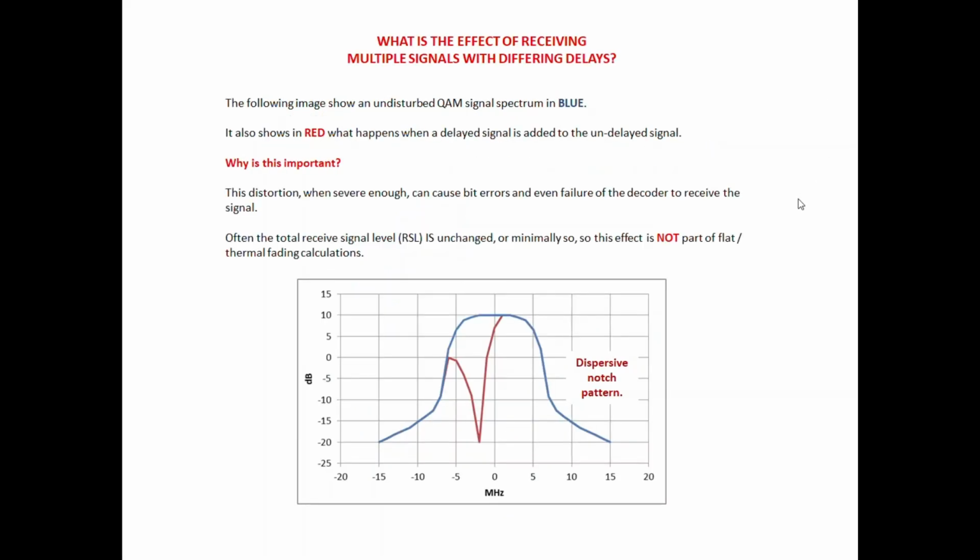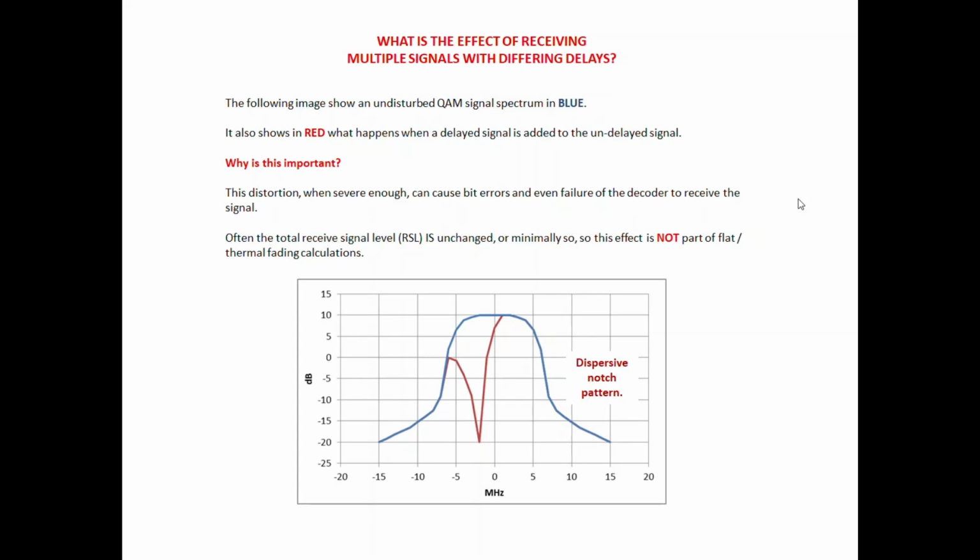In this next chart, I show you a plot of a QAM spectrum within a channel bandwidth. That's the blue line. And this is a typical simplistic plot, but it's very close to reality. The red line is the red notch, rather. It's called a dispersive notch pattern.